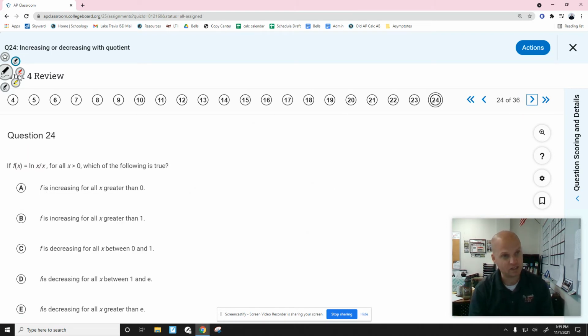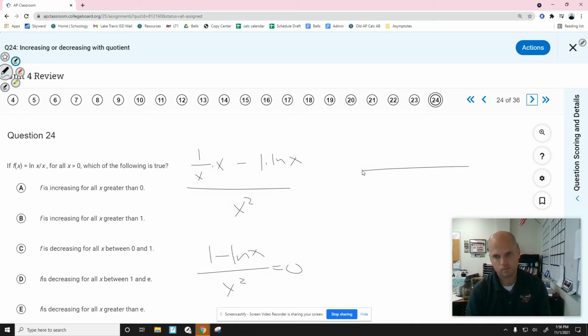Oh man, log x over x. Again, if you don't have a log x over x problem, that'd be crazy because we have so many. The derivative of the top times the bottom minus the derivative of the bottom times the top, all over the bottom squared. I feel like we've already done this problem.